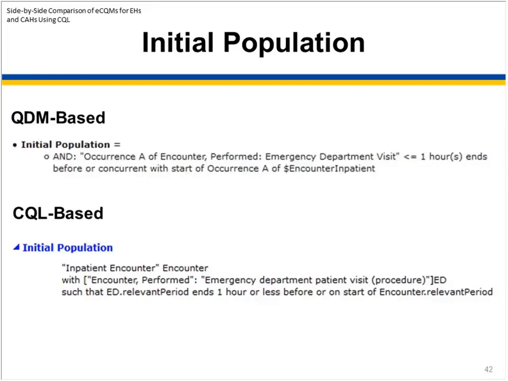So the initial population, look at this real quick. The inpatient encounter with encounter performed emergency department visit, such that that emergency department relevant period ends 1 hour or less before the start of the relevant period for the encounter. So this is inpatient stays that have an immediately prior emergency department visit.